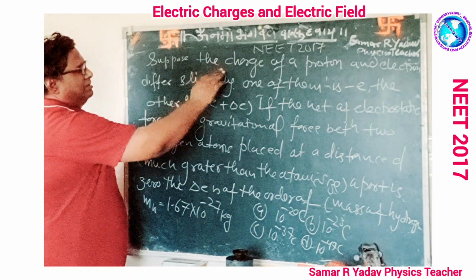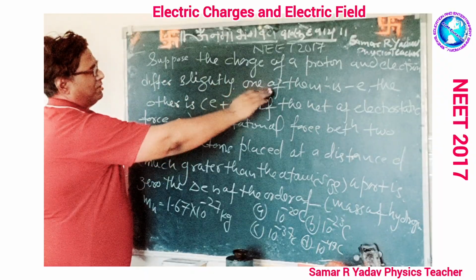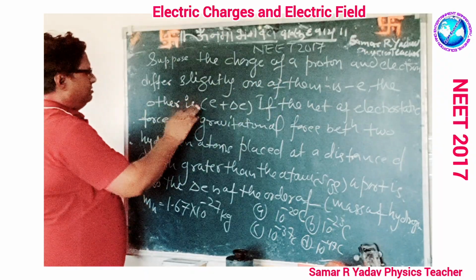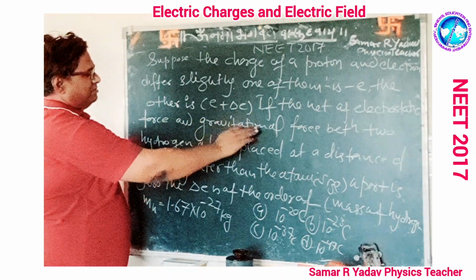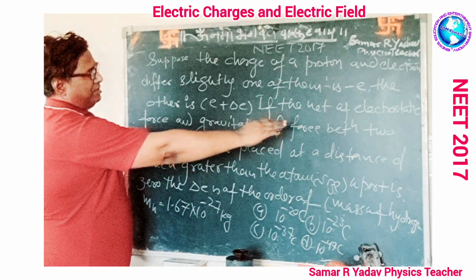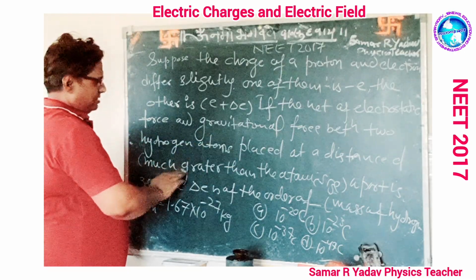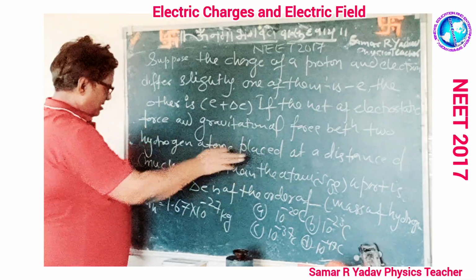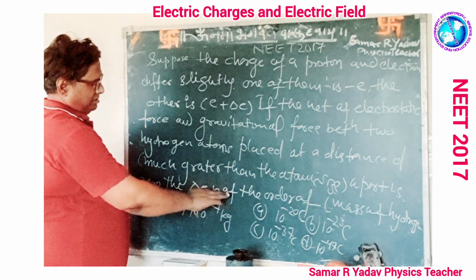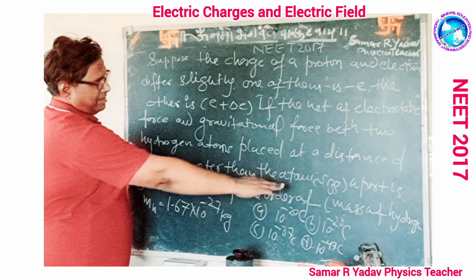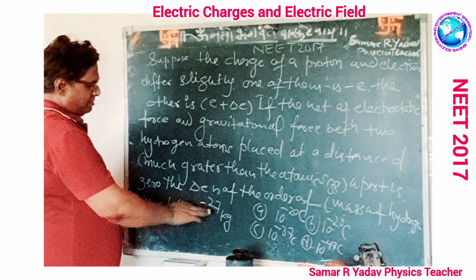Again, suppose the charge of a proton and electron differ slightly. One of them is minus e and the other is e plus delta e. If the net of electrostatic force and gravitational force between two hydrogen atoms placed at a distance small d much greater than the size of the atom apart is 0, then delta e is of the order of, the mass of the hydrogen being 1.67 into 10 power minus 27 kg.